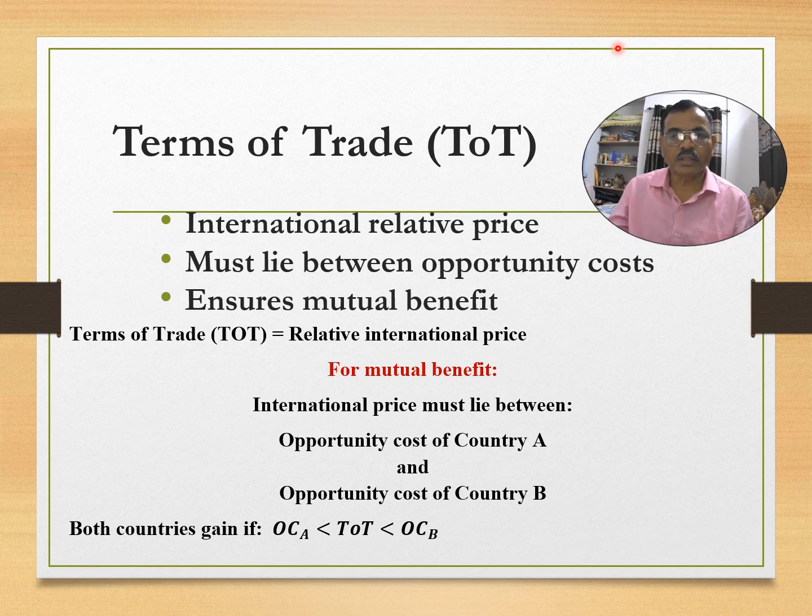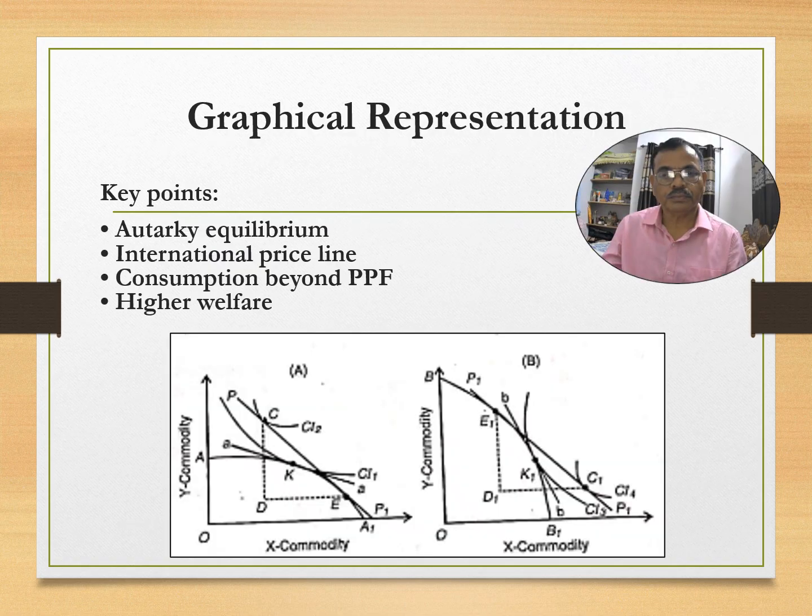Let us visualize this graphically. In the diagram, we show in panel A country A's equilibrium, and in panel B country B's equilibrium, both in the autarky situation and in the trade situation.